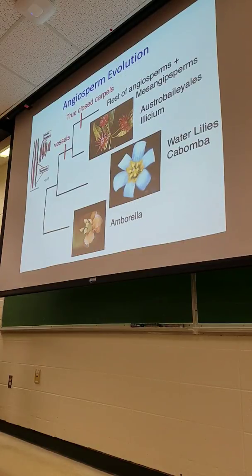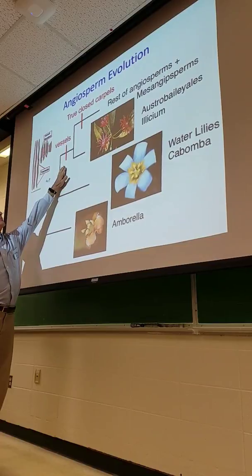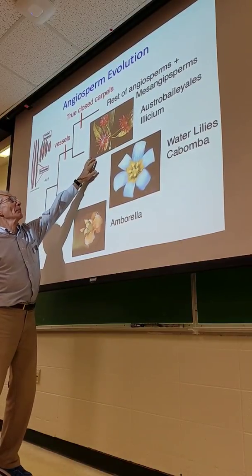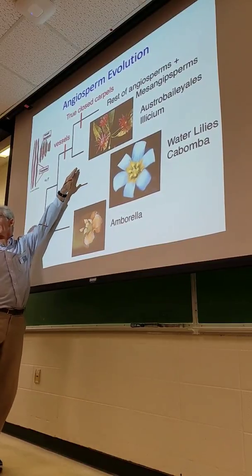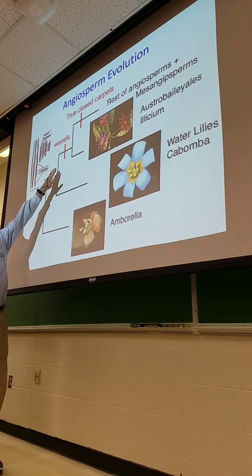So here's why phylogeny matters. We think, and it's great that you mentioned it, where did vessel elements evolve? Probably right here. Although some people think these are not the best vessel elements in the world, but yeah, they're okay, they're vessel elements. So maybe here.